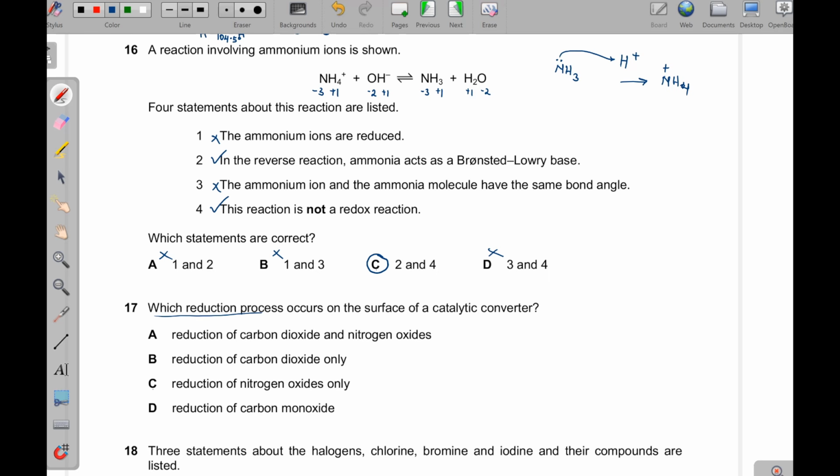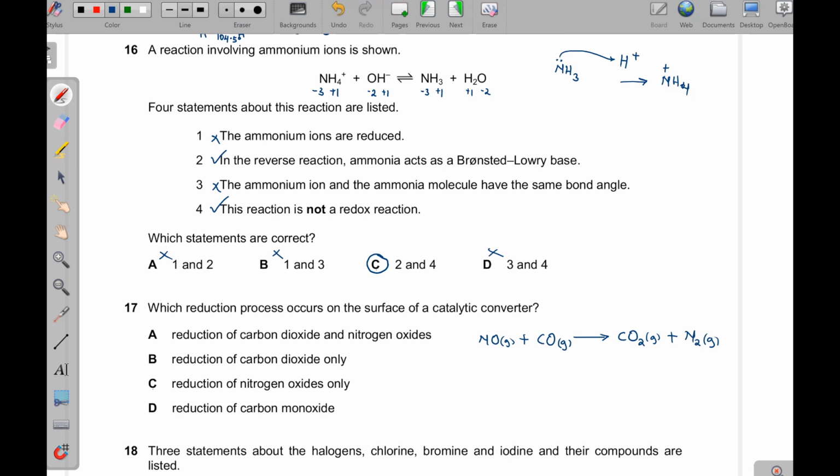Question 17. Which reduction process occurs on the surface of a catalytic converter? A catalytic converter. So in the catalytic converter, we have nitrogen monoxide here, which reacts with carbon monoxide. This one, which would have been so toxic. And then we get carbon dioxide, then plus nitrogen as a gas.